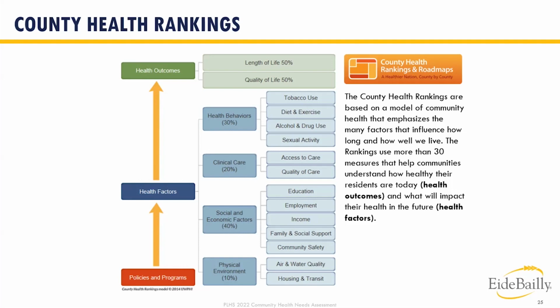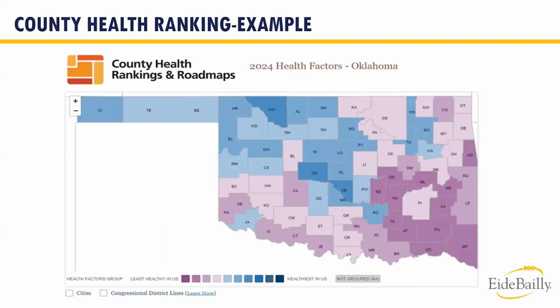So what are those things that are impacting the health of your community, and health outcomes are length of life, quality of life type factors. This is an example of what you would see if you were to go out to the County Health Rankings and Roadmaps for Oklahoma.